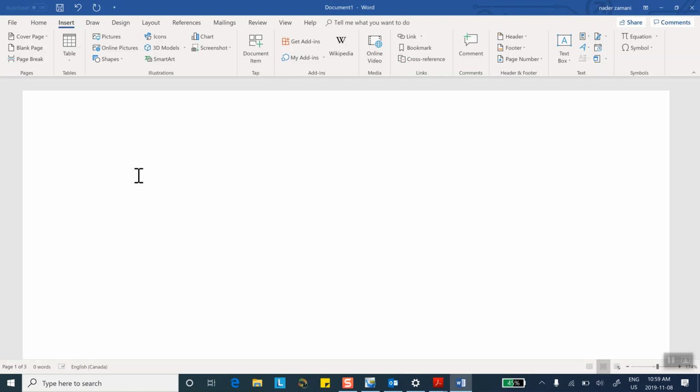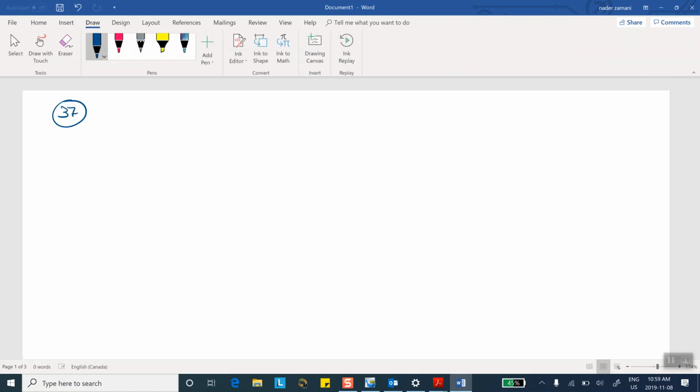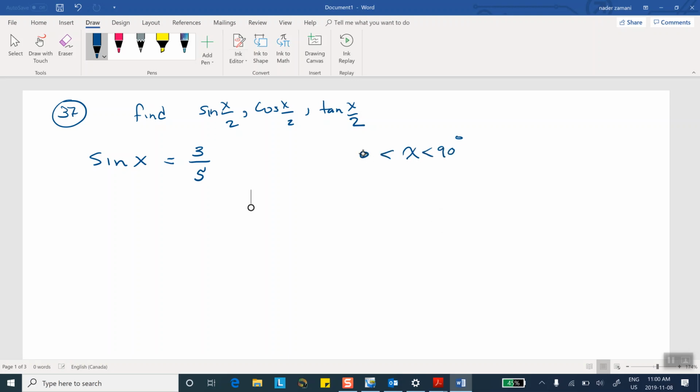So number 37 says find sine of x over 2, cosine of x over 2, and tangent of x over 2 from the given expressions. So 37 says sine of x is equal to 3 over 5, and we know that x is between 90 degrees and 0. Okay, good. So what do we want here?